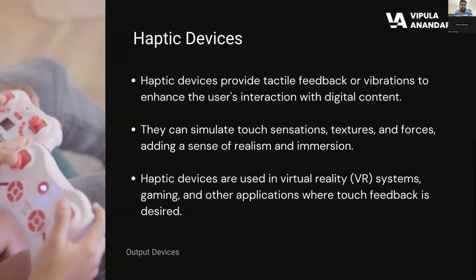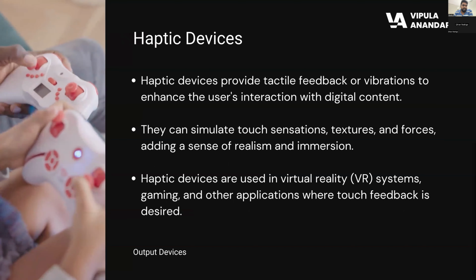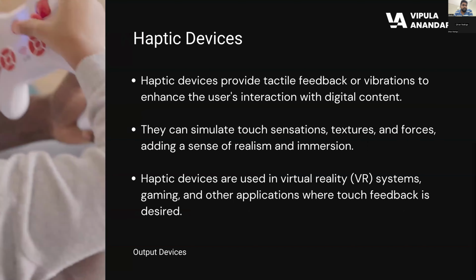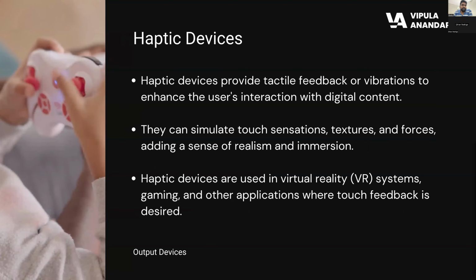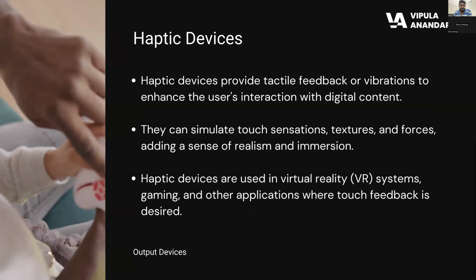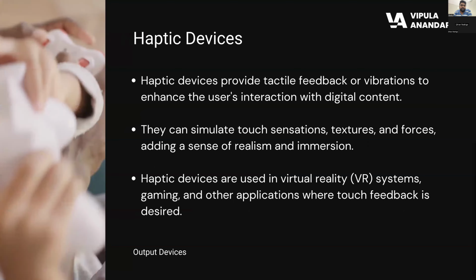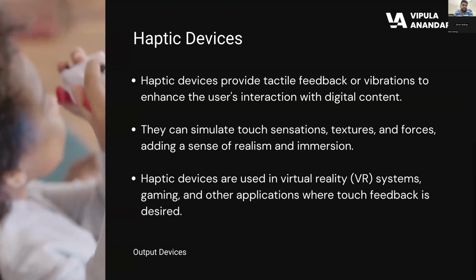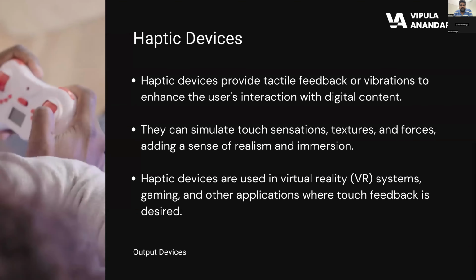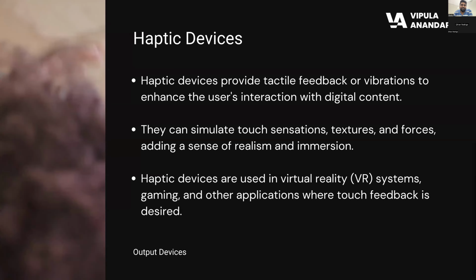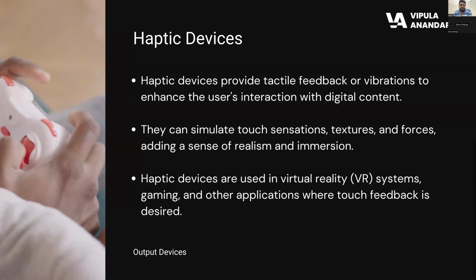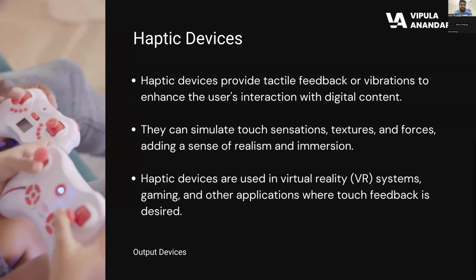Then we have the last output device on the list, which is haptic devices. These haptic devices provide tactile feedback or vibrations to enhance the user's interaction with digital content. The best example is if you have a PlayStation 4 or PlayStation 5, starting from PlayStation 3, the first PlayStation, it was there.